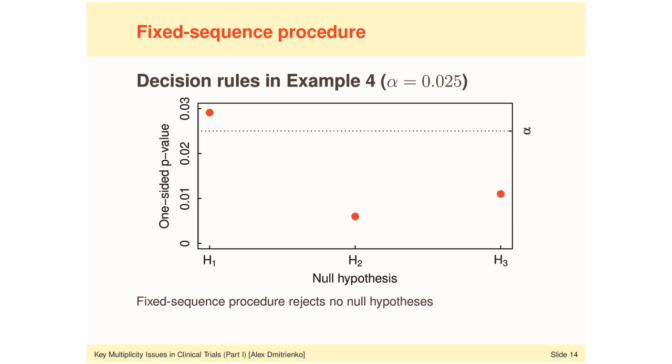When the fixed sequence adjustment is applied, we realize immediately that the first p-value in the sequence is not significant, and therefore no more testing can be done after this point. Because of the single strike rule, the sponsor cannot evaluate the efficacy of this novel treatment at the other two doses without inflating the family-wise error rate, and this is why the monotonicity condition is critical for the fixed sequence procedure.